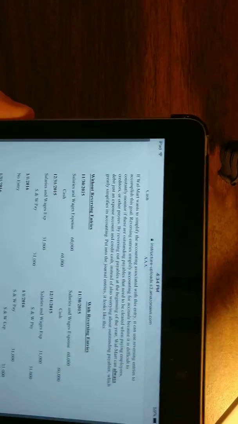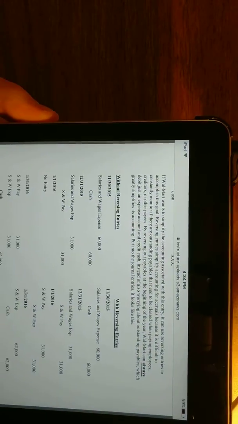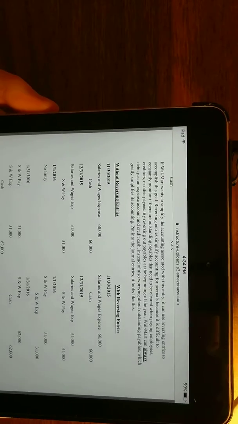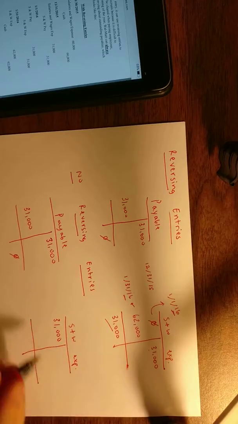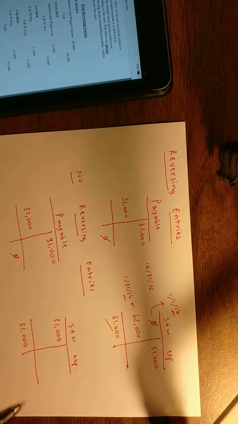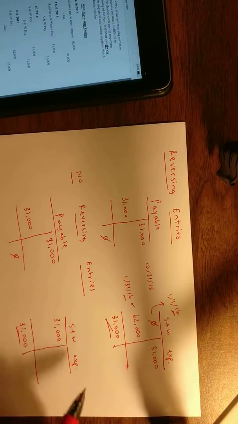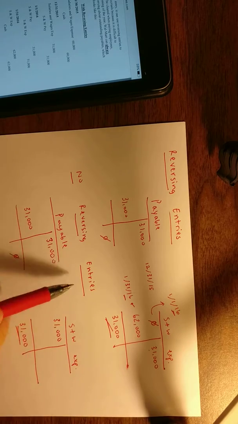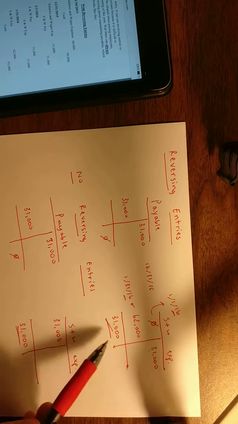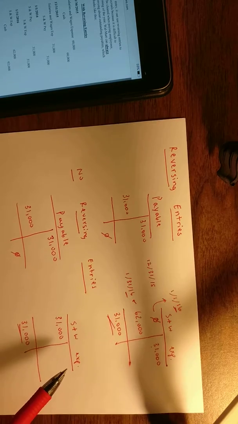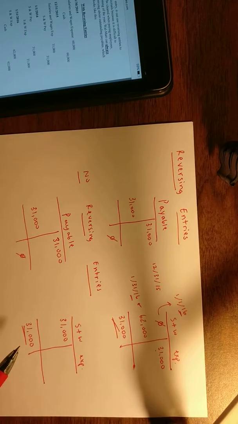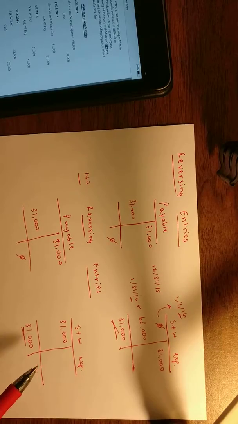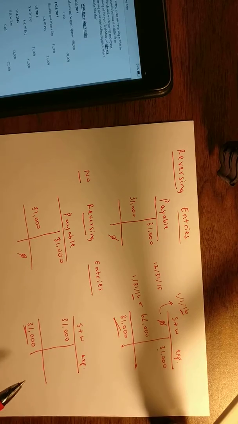And then we can say we debited the additional expense that we incurred, right? So that's 31,000, right? So we can just go ahead and put that in our T account, and then we can see that we have 31,000 of expense under the non-reversing entries way, and we have 31,000 of expense under the reversing entries way, right? So at the end of the day, once we've made all of our different journal entries, we can see that you get the same result, okay?